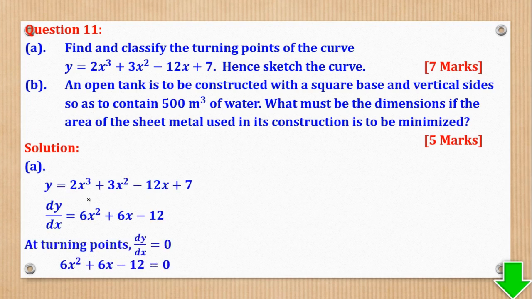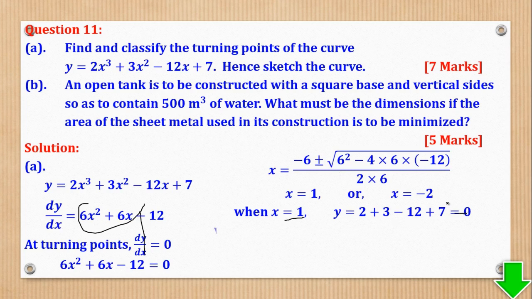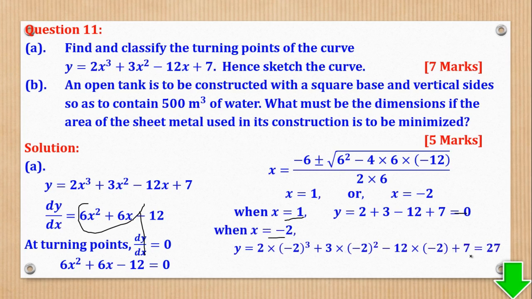So I'll come and equate this dy/dx equal to 0 and solve the quadratic to get the two values of x. Then I have to get the corresponding values of y. When x is 1, y is 0. And when x is negative 2, y is 27. Therefore, the turning points are these ones.